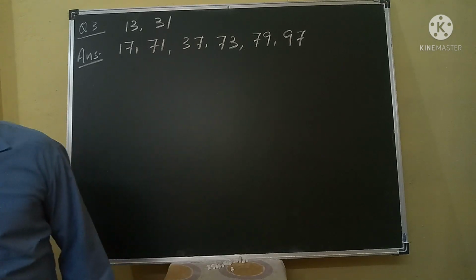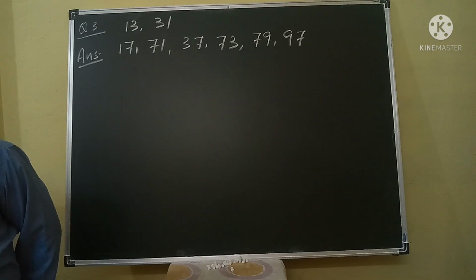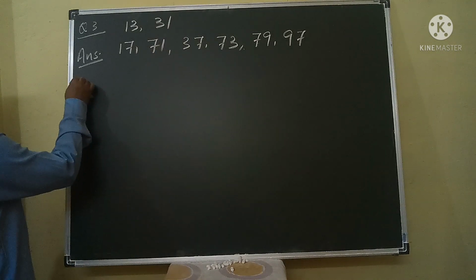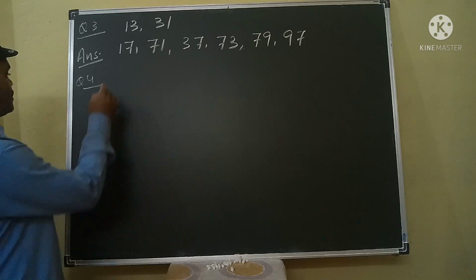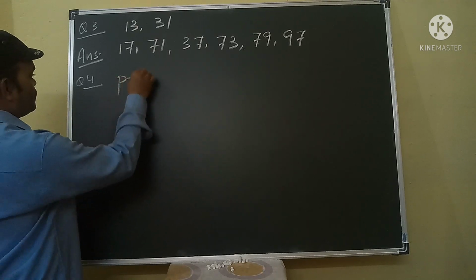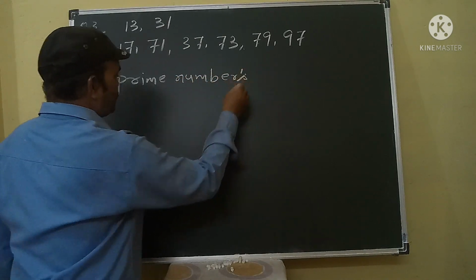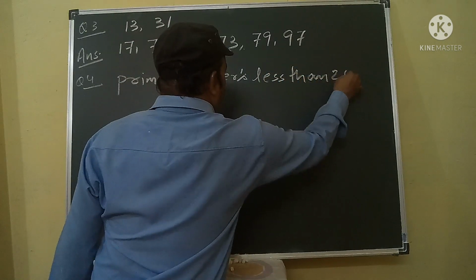Okay. Now we will discuss question number 4. Write down separately the prime numbers and composite numbers less than 20. First we will find the prime numbers less than 20.